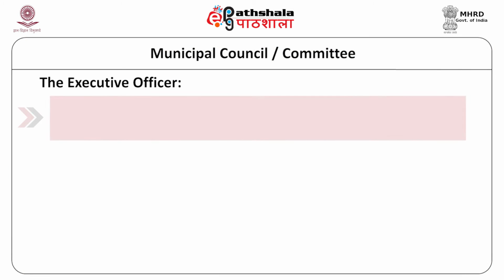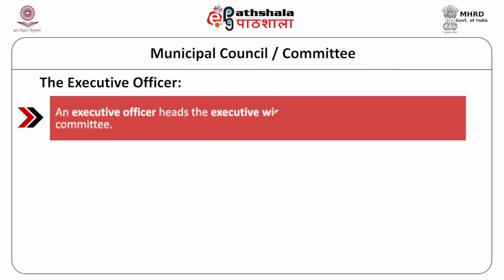performs the functions of the political head of the municipal council, and the administrative head of the municipal council is the executive officer. The executive officer heads the executive wing of the municipal council. It is he who gets all the resolutions and the bylaws implemented with the help of his departments and officials.